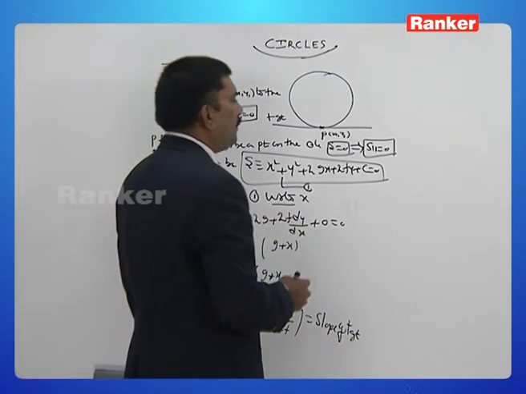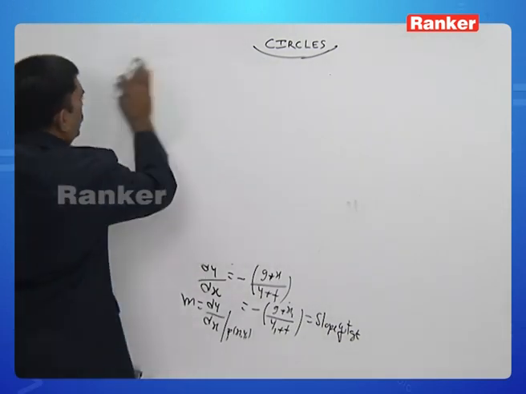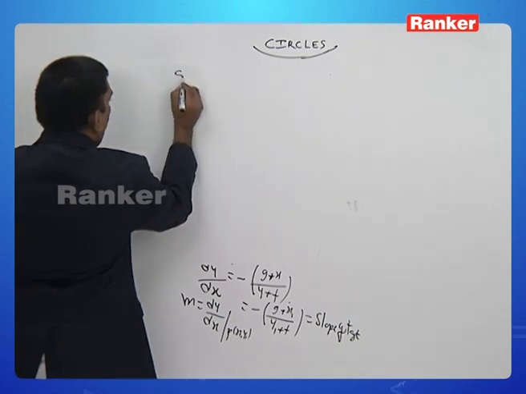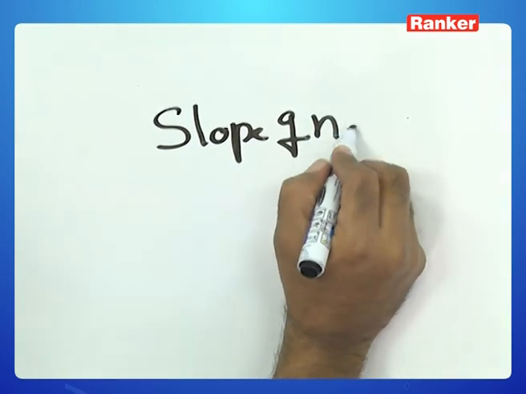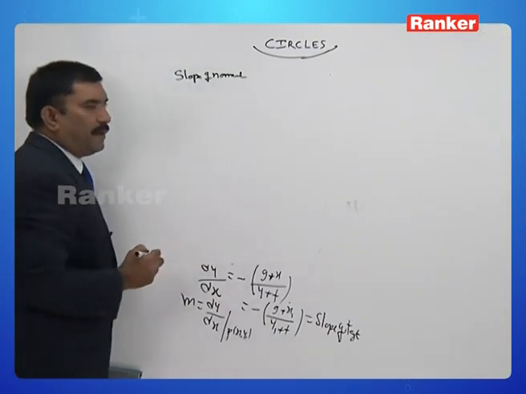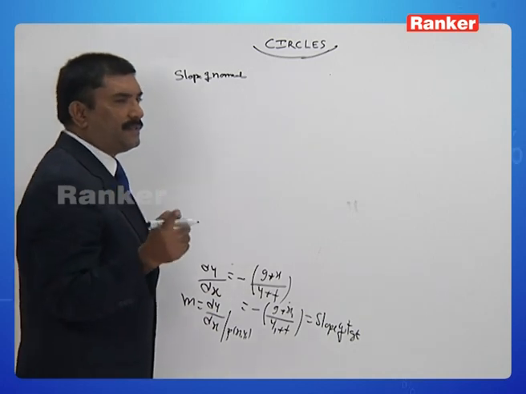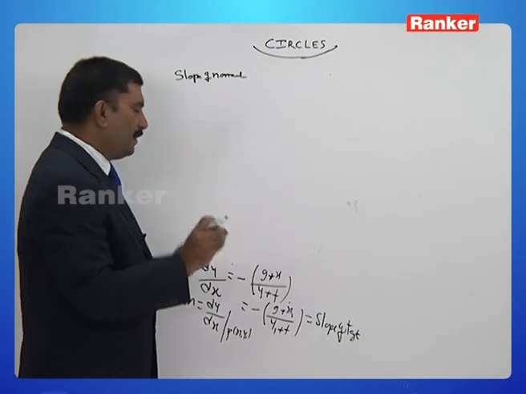Now we can also write the slope of a normal. I am not going to use it at present, but in the sequel I am going to tell the equation of the normal at (x1, y1) to the circle S = 0, so that you will have familiarity with the slope of a normal.